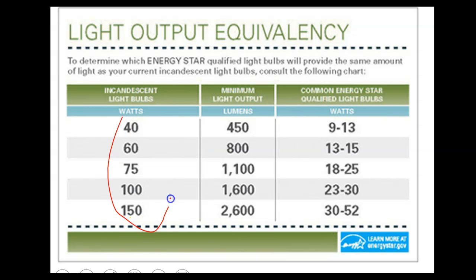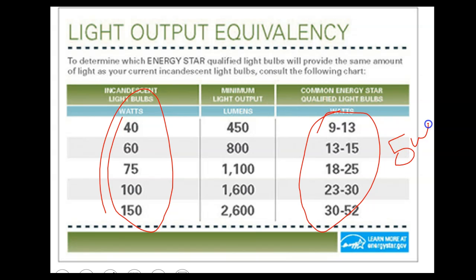But you can see here the comparison between incandescent lights and CFL lights and the watts. This is the watts for CFL Energy Star. And again, for LED, for 60 watts now you can get a 5 watt equivalent. So that is really a reduction by 12 times. It's a no-brainer to get LED replacements.